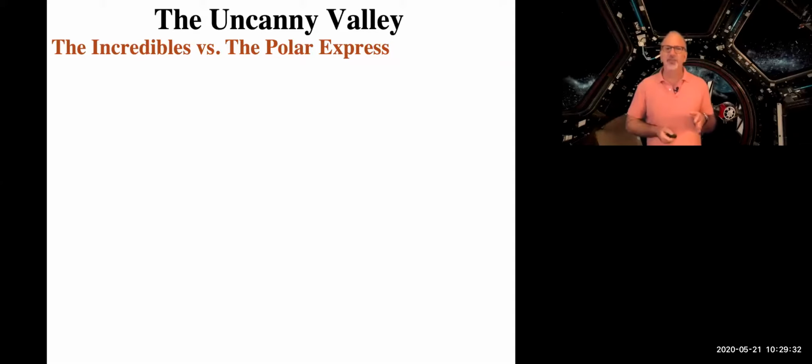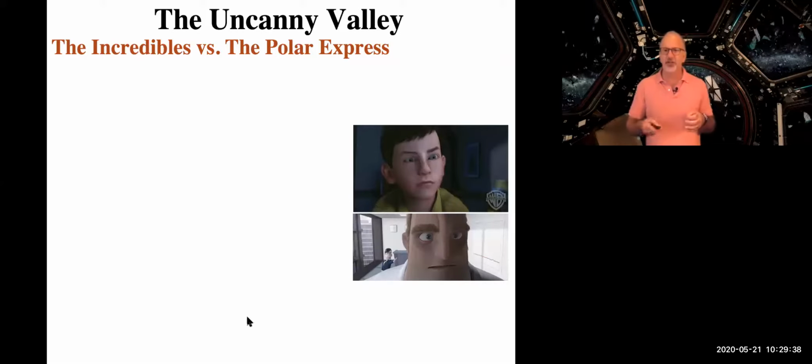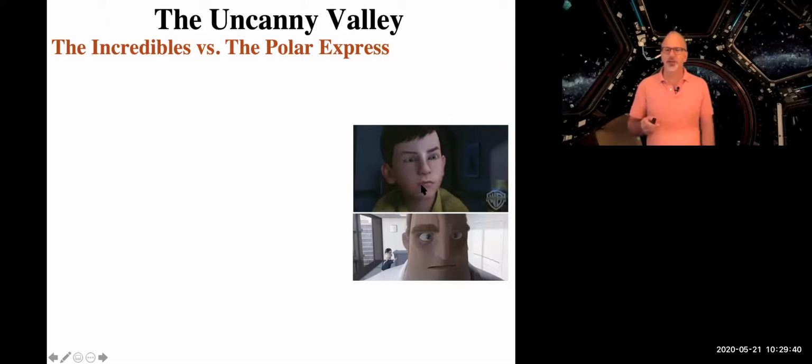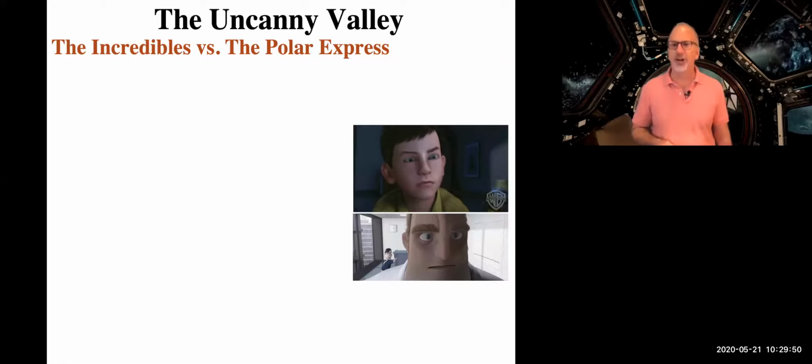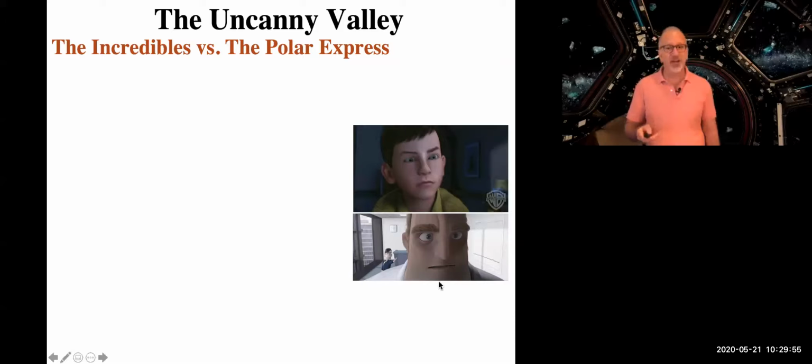Let's take a look at some images from these two movies. The top is an image from The Polar Express. The bottom is an image from The Incredibles. If I asked you which of these two characters you would want to spend an hour and a half looking at in a movie, I think most of you would probably say this one.